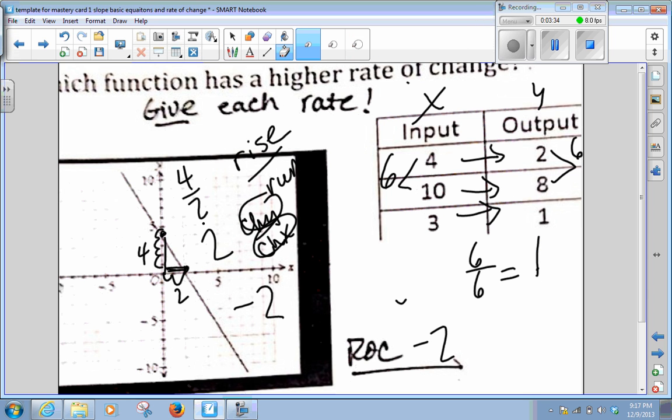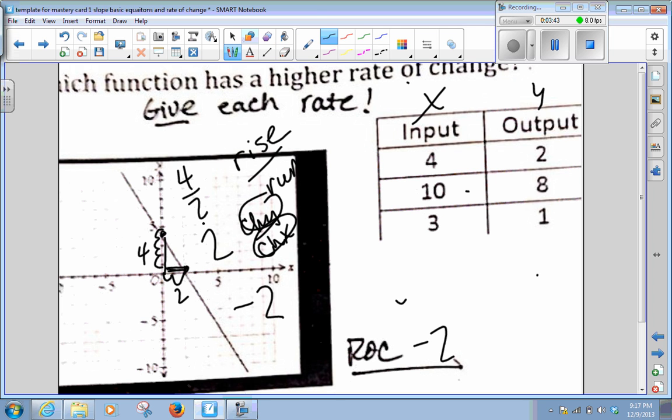Just to double check and make sure that I didn't do it incorrectly, let's take a look at the change between these 2 points instead. So to go from an 8 to a 1, I have to go down 7. To go from a 10 to a 3, I need to go down 7.